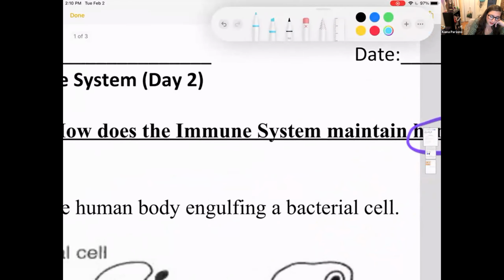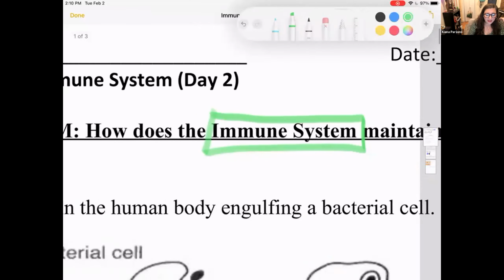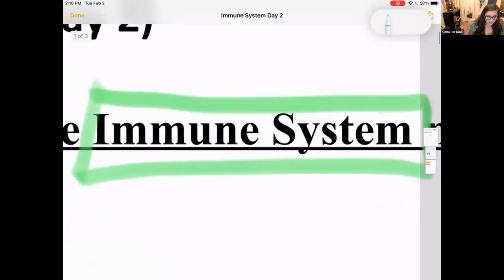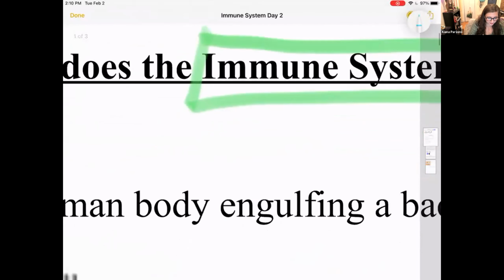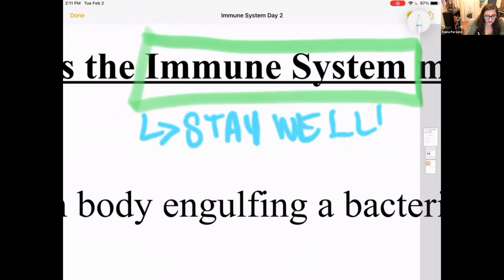And how does our immune system help us actually achieve that goal? Well, hopefully we remember from last week that the immune system is the body system that helps us stay well. And it does this in two ways.